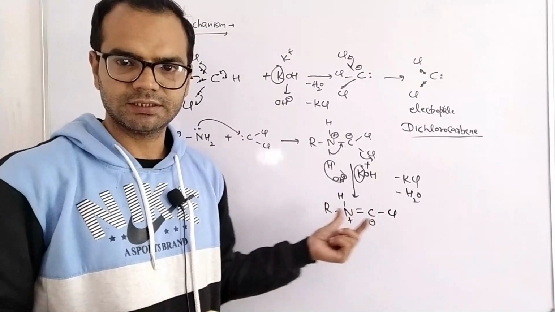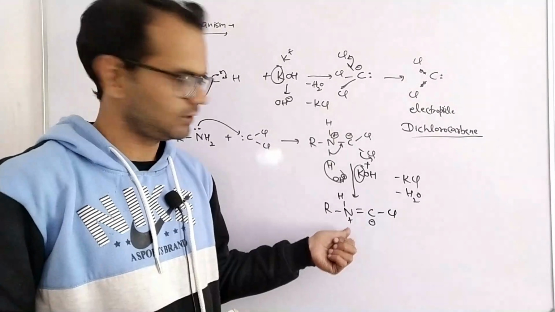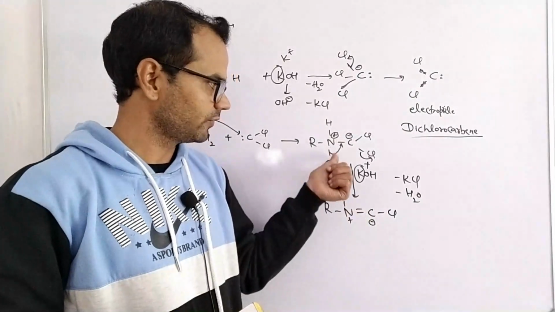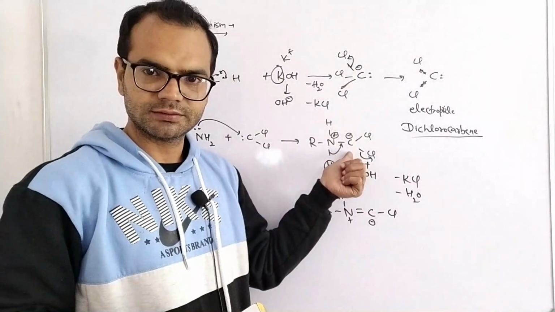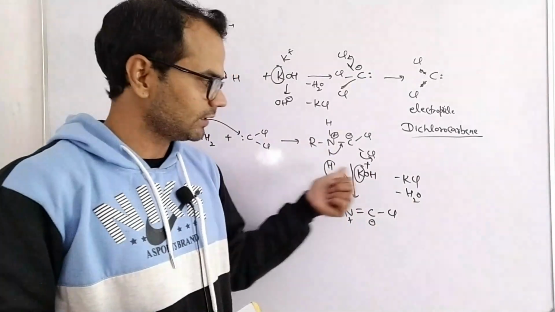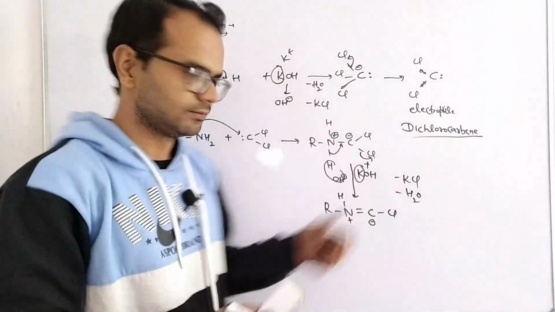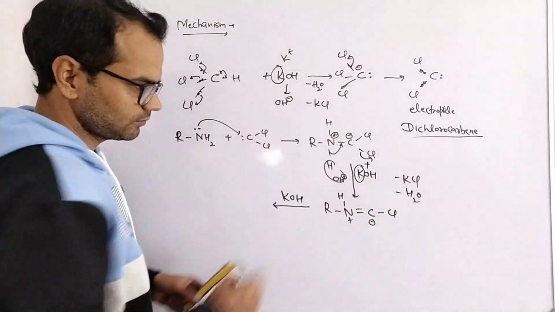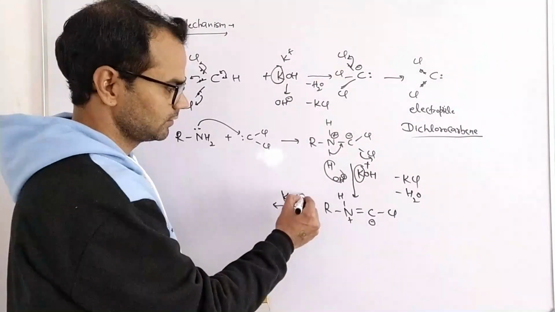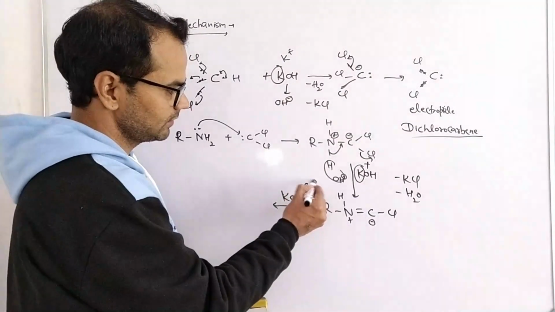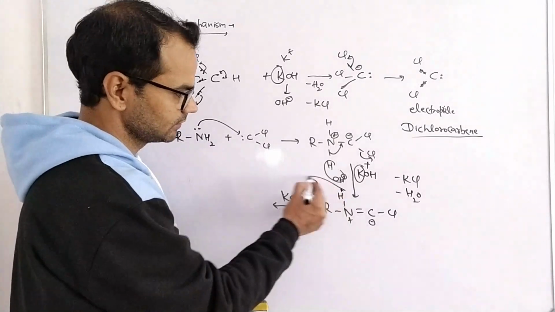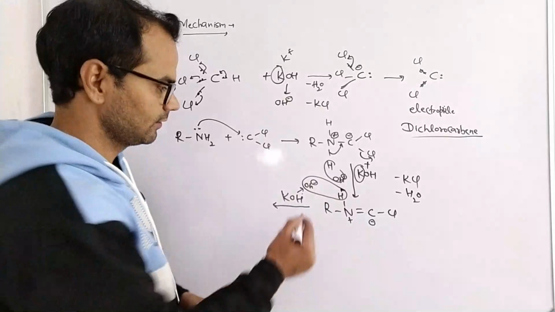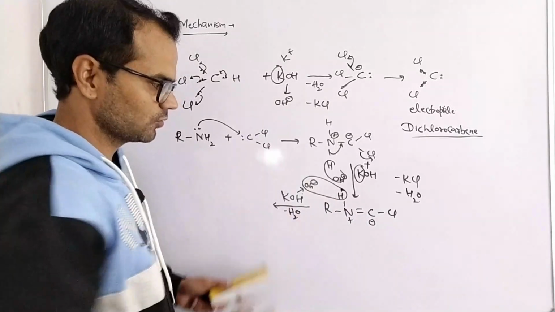Now the remaining structure is this, still a positive charge on nitrogen and a negative charge on carbon. A double bond is formed by shifting of these electrons. So next, again under the impact of KOH, it will give hydroxide ion and it will abstract hydrogen. So water is formed again, minus H2O.